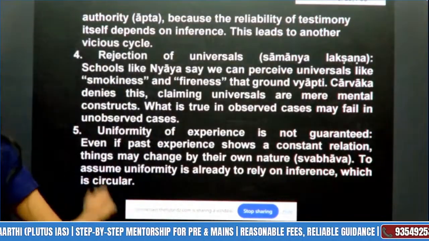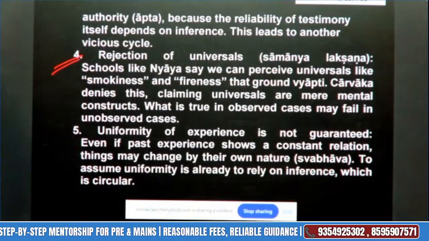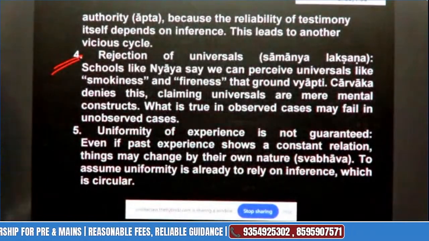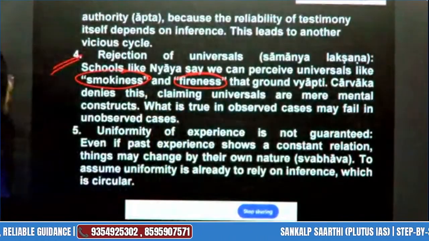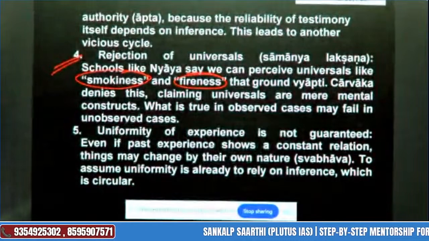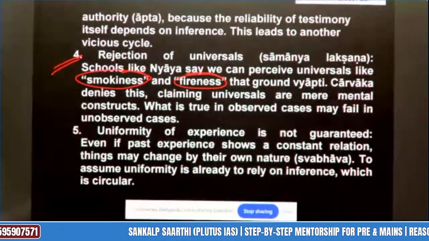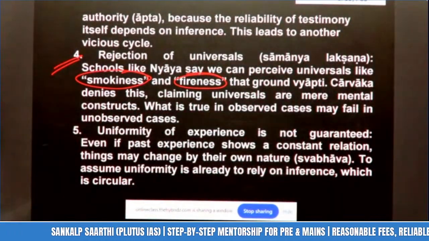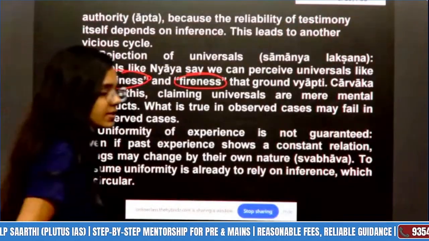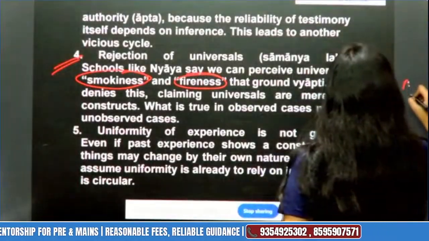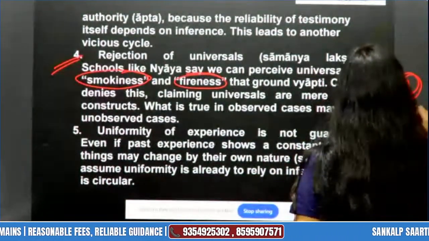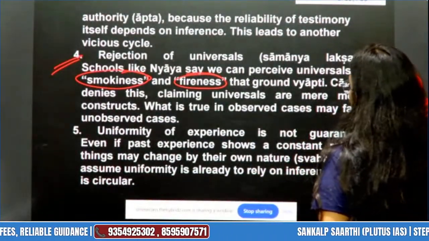Okay, rejection of universals. Schools like Nyaya say we can perceive universals like smokiness and fairness, right? That grounds Vyapti. Now Charvak denies this, claiming universals are mere mental constructs. What is true in observed cases may fail in unobserved cases, right? To this, what he says is that there is only one reality.